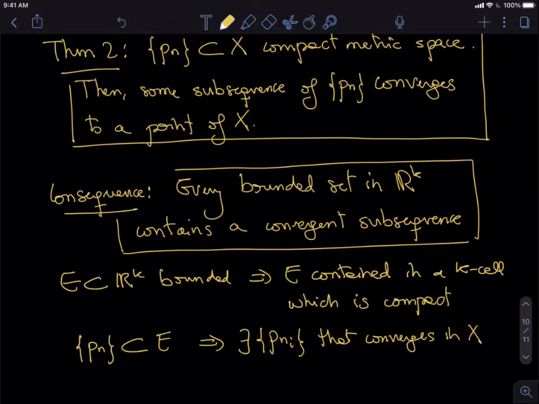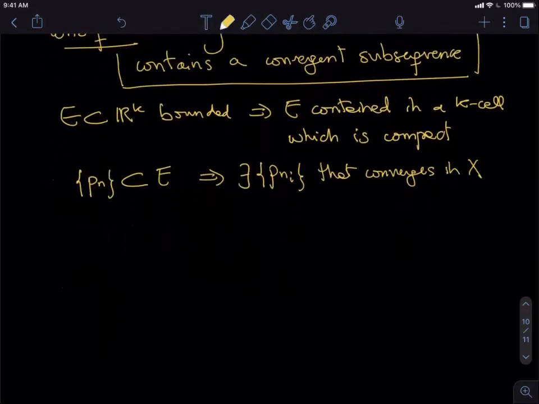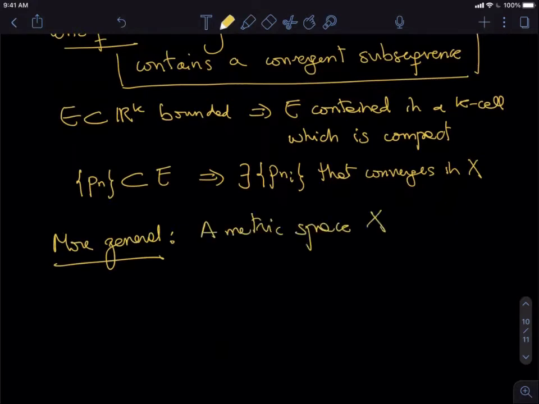So, how do we prove the theorem? Well, actually, before we go into the proof, I want to mention something a little more advanced. There's a more general version that says that a metric space X is compact.